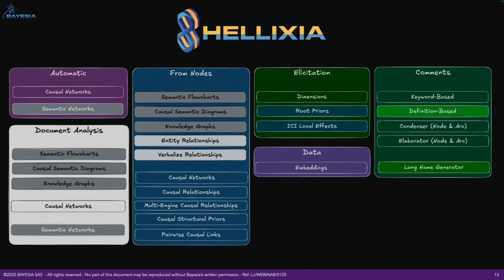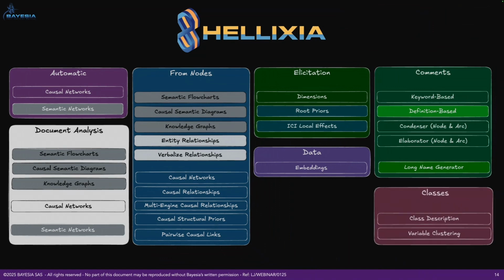We can also create a comment that will directly define the concept that is behind the name of the node. We can use Hellixia for condensing or elaborating the comments of the nodes and arcs. And we can also generate a long name that will be the summary of the comment that is associated with the node.